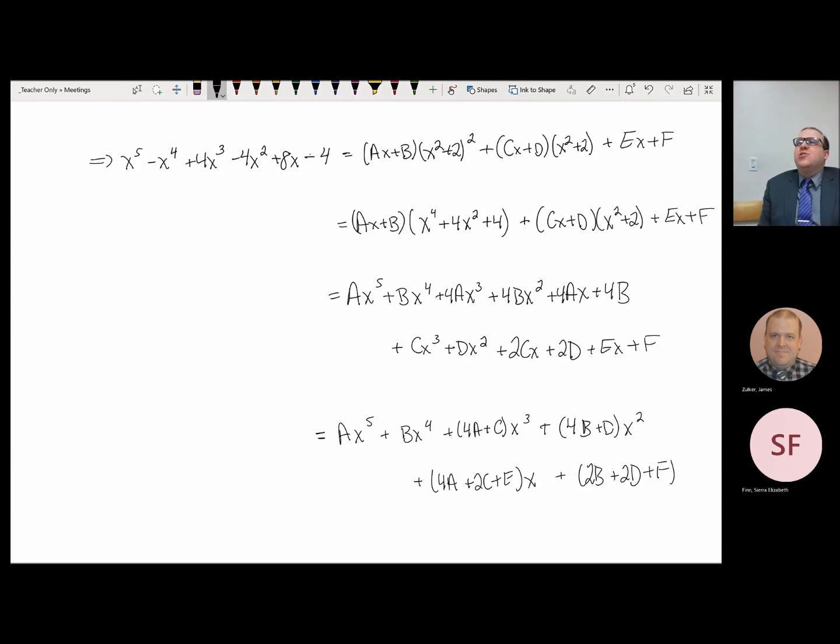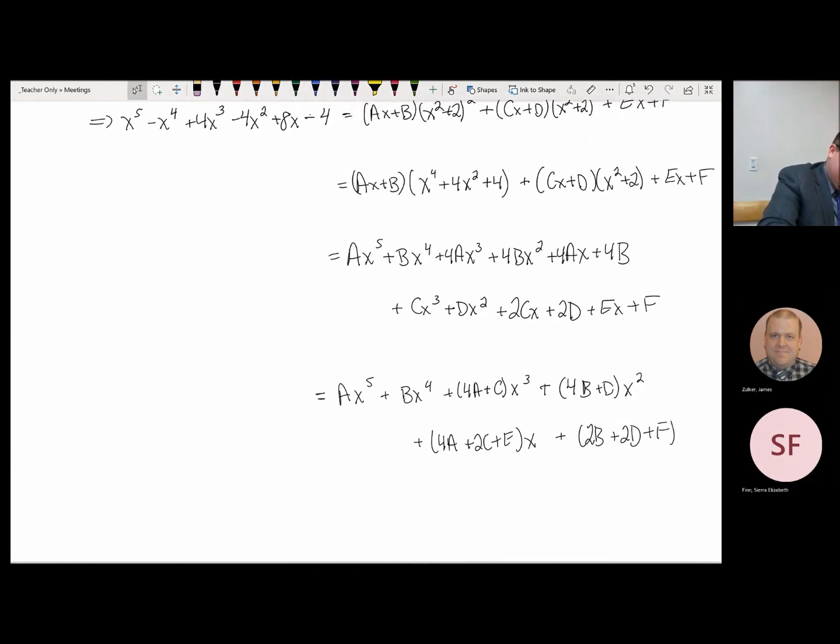At the outset, this looked hideous. Now that all the terms are grouped together, this system is actually a very nice system. A has to be 1.